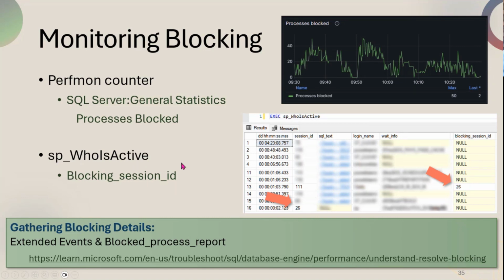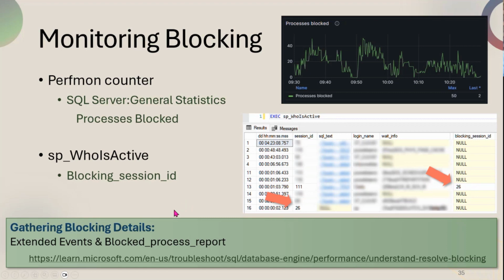Again, I like to use sp_WhoIsActive to pull that sort of information. Another one of the columns in there is blocking session. So for this particular session, we know that this one is doing the blocking. sp_WhoIsActive has a parameter that you can add that will surface those lead blockers to the top of the list, to make it easier and faster to find out what session is doing the blocking.